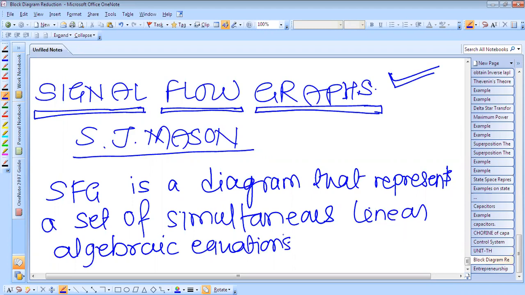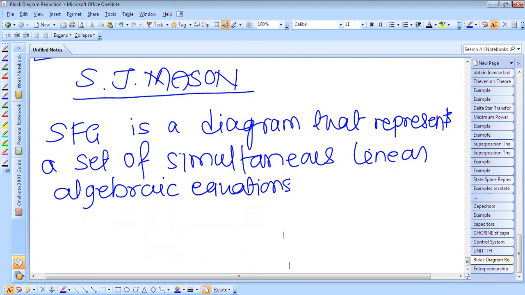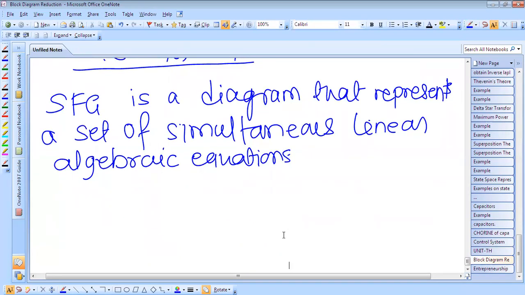When applying the signal flow graph method to analyze the control system, we first transform the linear differential equations into algebraic equations with the help of the Laplace transform. A signal flow graph consists of a network in which the nodes are interconnected by directed branches.